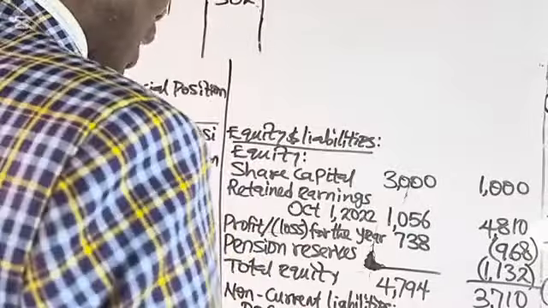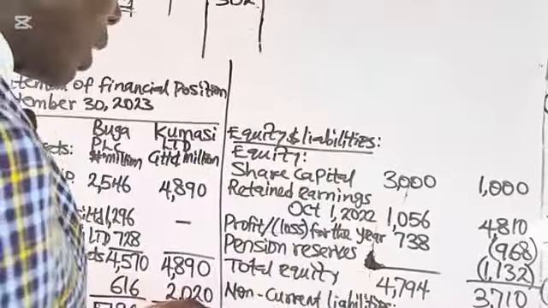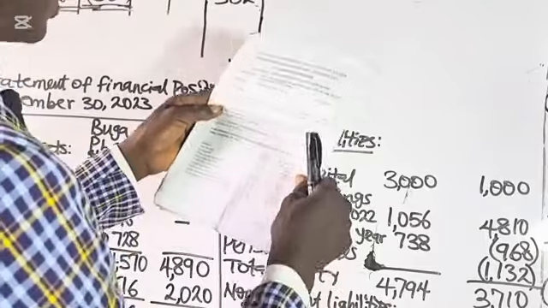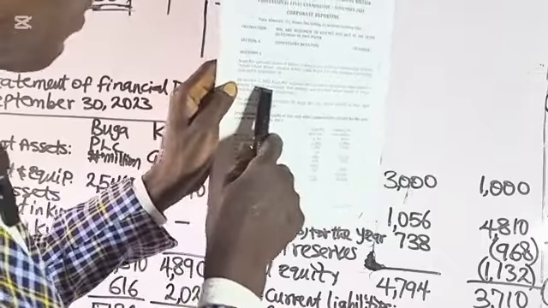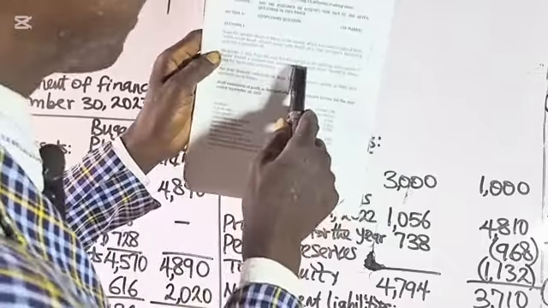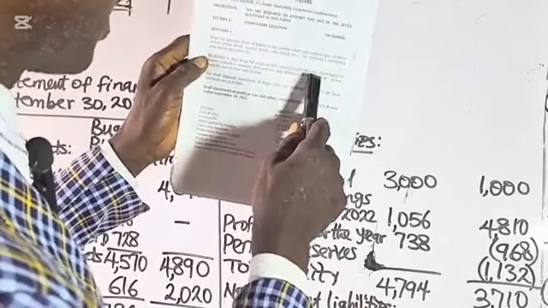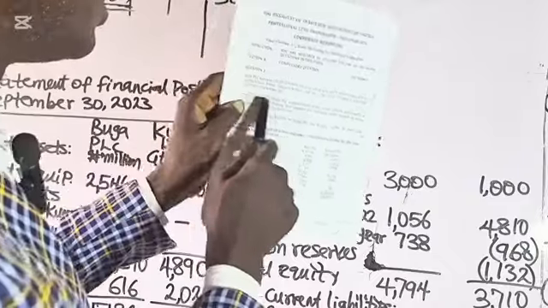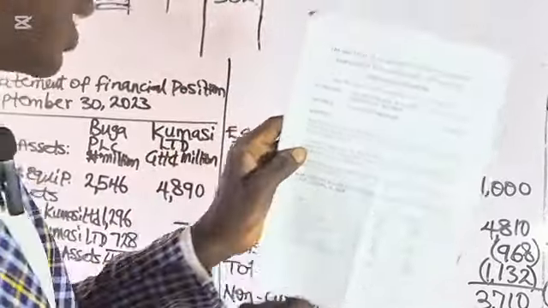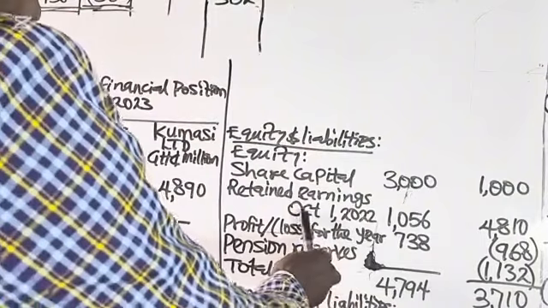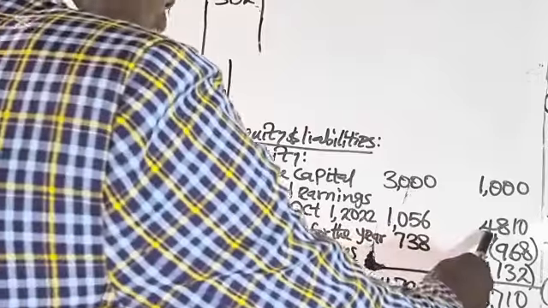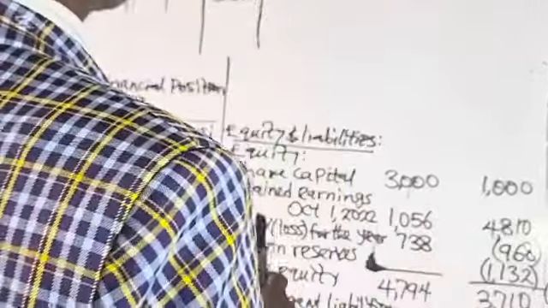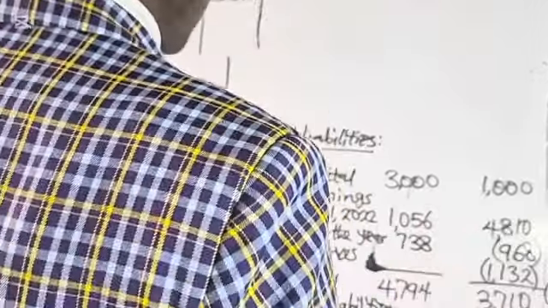Kumasi to be 80%. That is at the beginning of the question. You were told on October 1st, 2022, Buga PLC acquired 80% interest in the ordinary share capital of Kumasi Limited. The acquisition is October 1st. Therefore, that's to show that the retained earnings on October 1st of 4810 is the pre-acquisition retained earnings, while the share capital is 1,000.